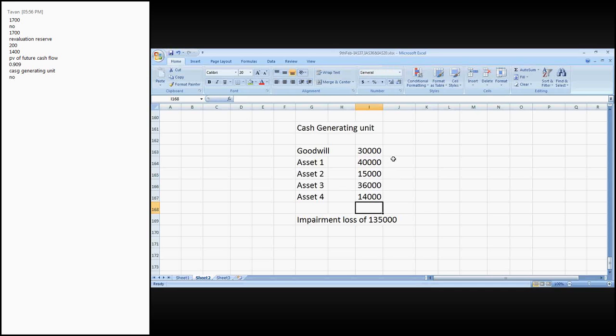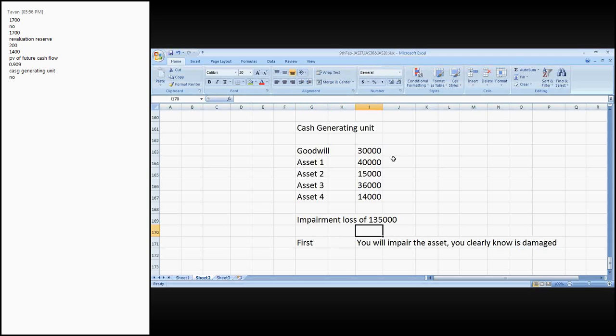By what value will I be impairing each of the assets? Now the rule of impairment says that first of all, you will impair the asset that you clearly know is damaged.